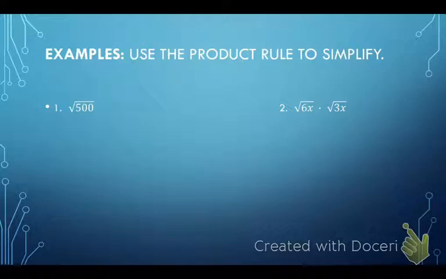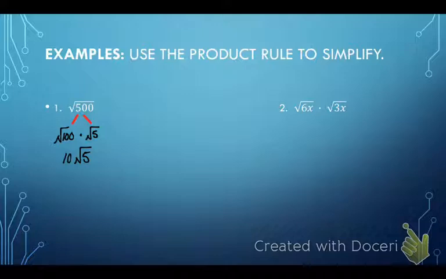Bigger than 25? 100? 100. So I'm going to break it up as the square root of 100 times the square root of 5. So what's the square root of 100? 10. So 10 times the square root of 5. The bigger the better. Okay?